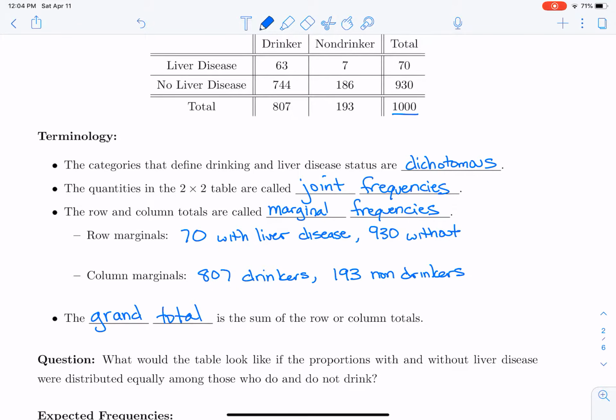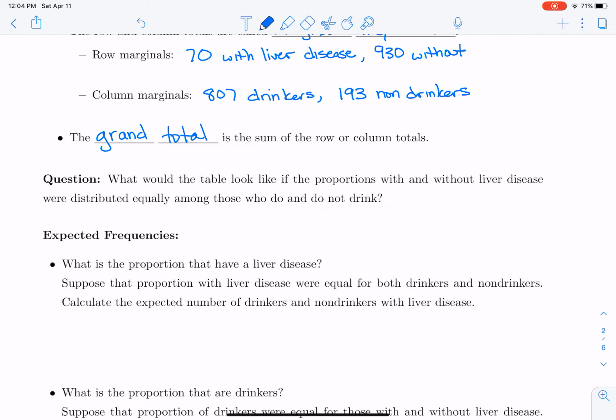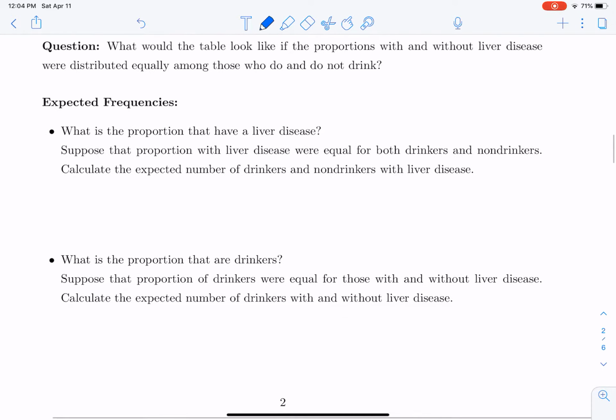What we're going to do is compute what I'm going to call the expected frequencies, which are the joint frequencies that would agree with the null hypothesis. Okay, so in order to do this, I'm going to talk first about the proportion that have liver disease. Here in our sample, 70 out of 1,000 people have liver disease, or 7%.